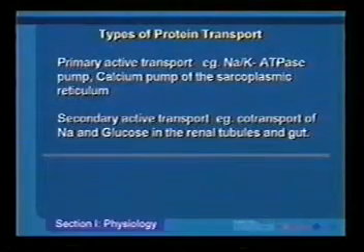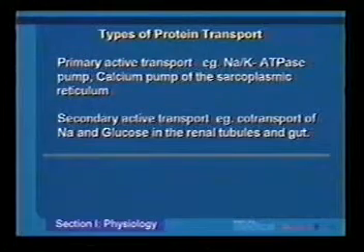Now, with active transport, we divide this process into two subcategories. That is primary active transport and secondary active transport.